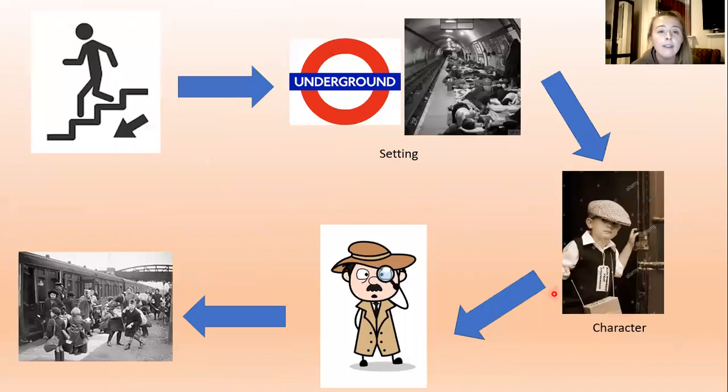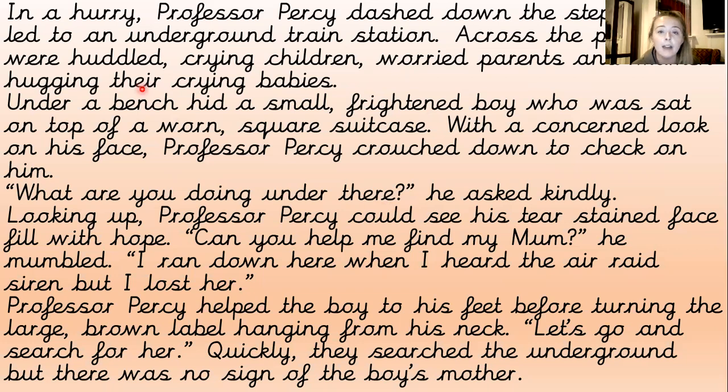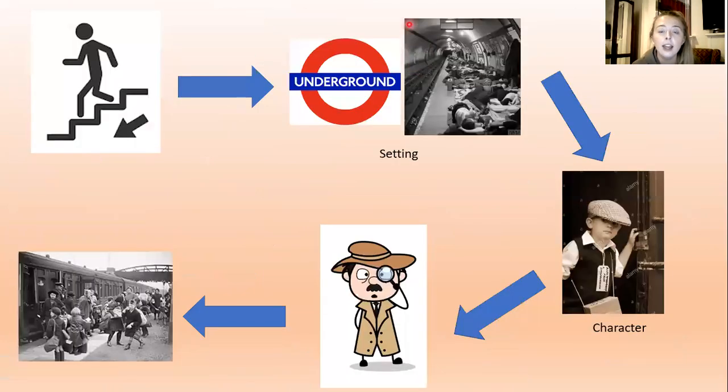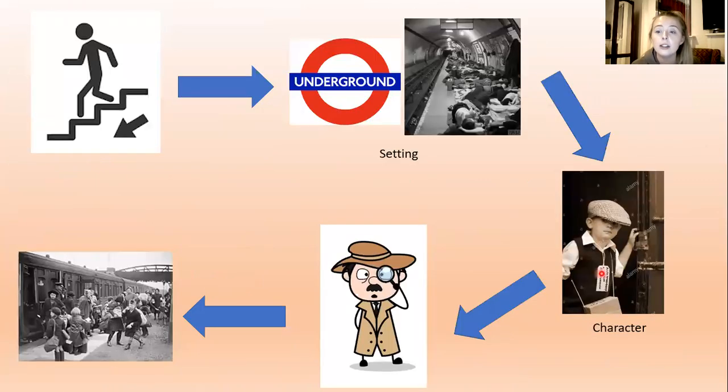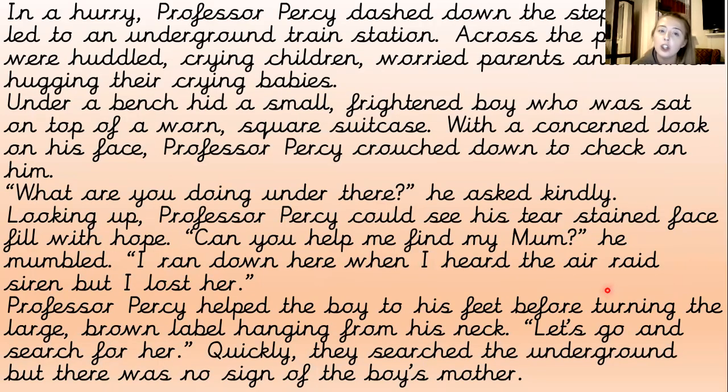Okay, have I written about Professor Percy going down the steps? I have, and he gets to the underground. What can he see? A little bit of a second description here. I spoke about seeing the huddled, crying children and crying babies, and that he could see a small, frightened boy, which is the start of our introduction to the character. Now, I haven't described the character too much, have I?